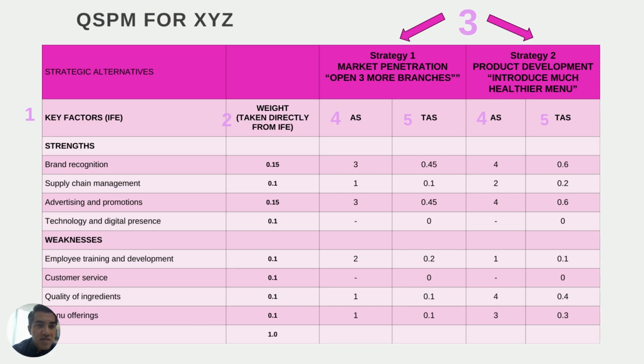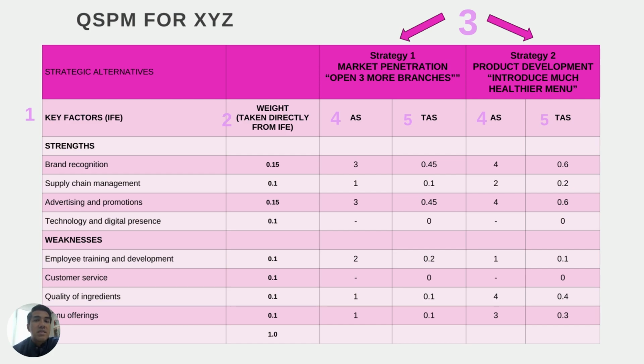For example, for the strengths, we score strategy number 1, open 3 more branches, a 3, reasonably attractive, because this can create more market penetration, create more awareness, and increase the patrons or customers coming to the restaurants. So we scored them a 3, in terms of the effect towards the brand.